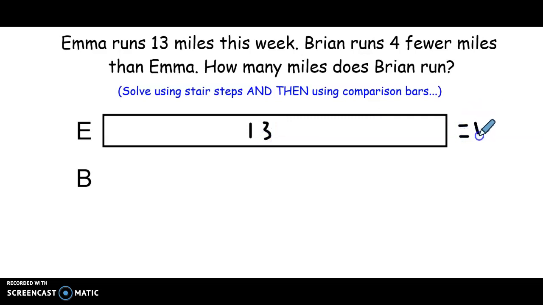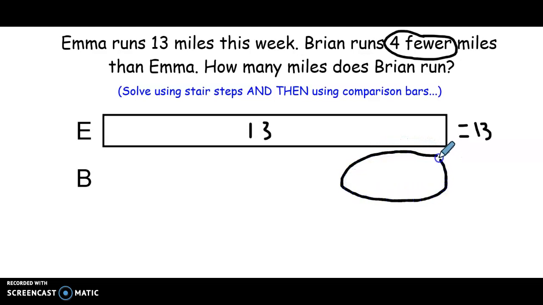Okay, then right away I'm going to go off to the side, right? Equals 13. Okay, we know that Brian runs 4 fewer miles. Okay, so 4 fewer, ding, ding, ding. Fewer means that's the difference. We got to put that in the oval. So let's make an oval out here. Okay, I made a small oval because he only did 4 fewer. So we had to figure out how many he actually ran. But our difference is 4 because it says right here, 4 fewer. That's the difference.